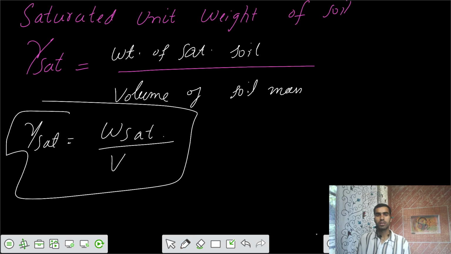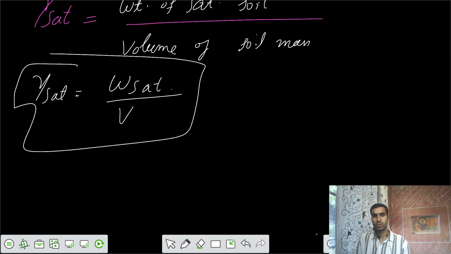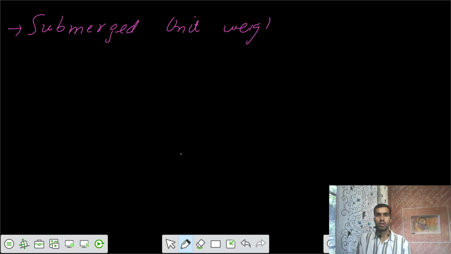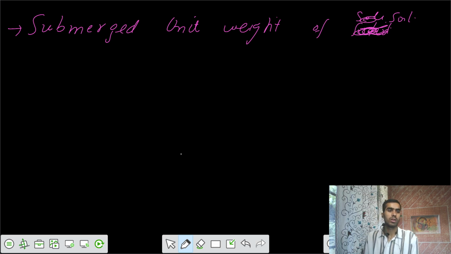After that, we have the final unit weight that we call the submerged unit weight, the submerged unit weight of the soil mass. All these unit weights are related to the soil mass, except gamma solids, which was related to solids only.